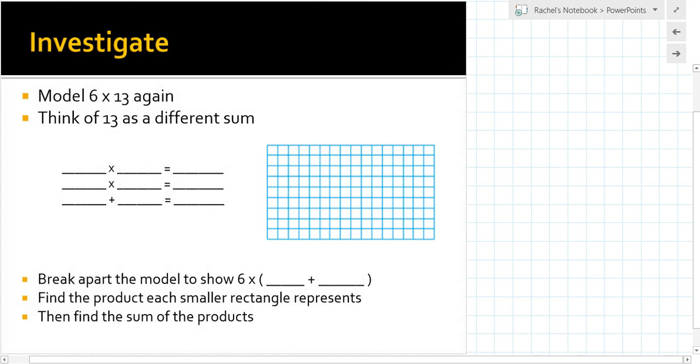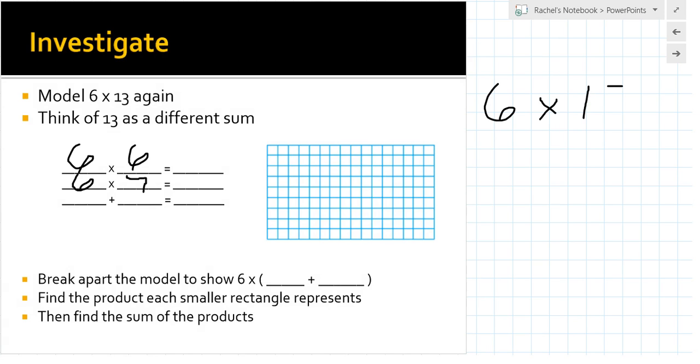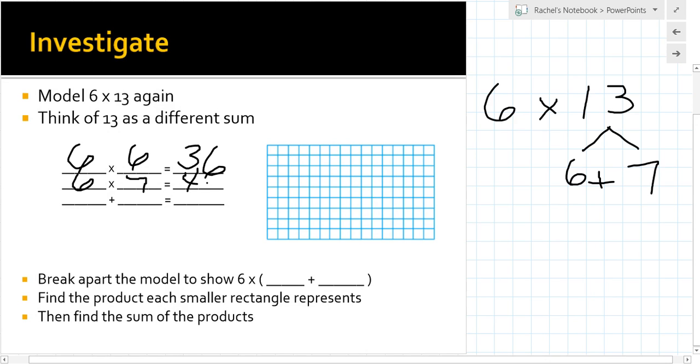Modeling it again, we could think of another way to break apart 13. This just shows that we can do 6 times 6 and 6 times 7, thinking about 6 times 13 as 6 times 6 plus 7. So when we get that, we can get 36 and 42.